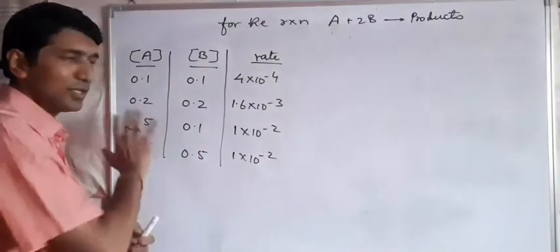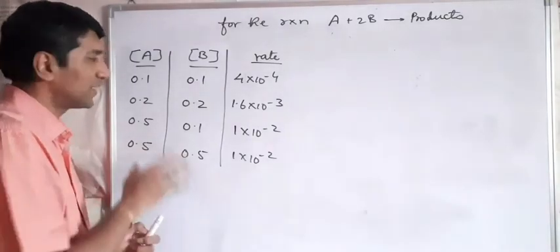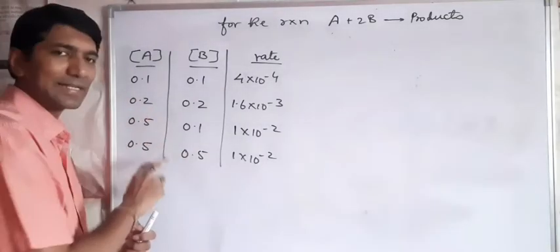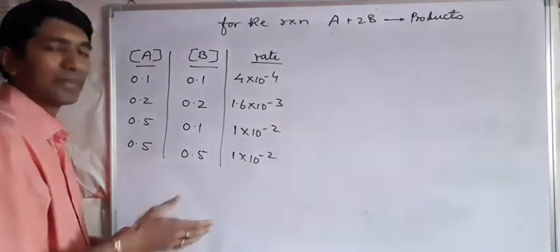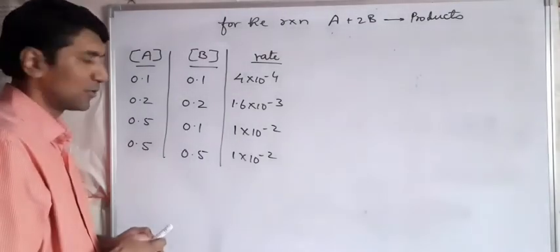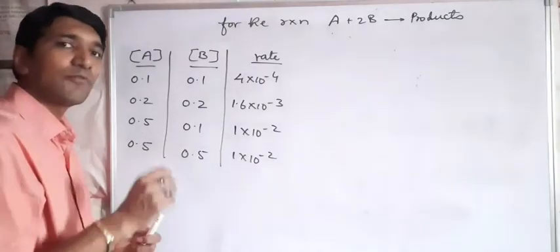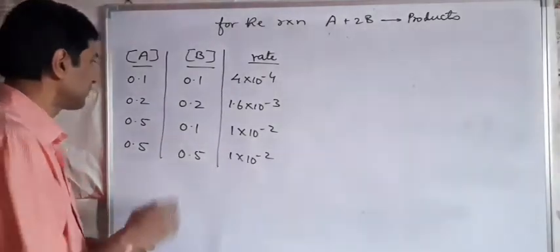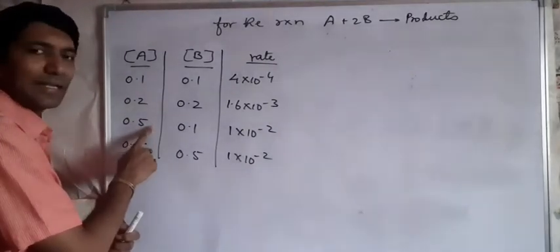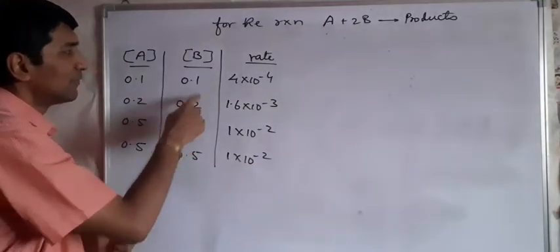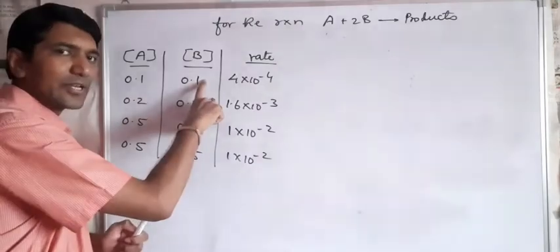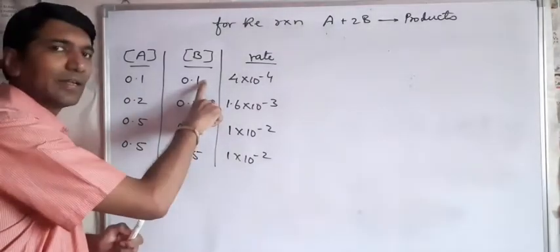So, while you are solving this type of question where you have common values, there is a particular method which you need to follow, and now see how we need to do this. We need to fix one thing. Suppose we are taking the second column; in the second column we will be fixing the concentration of B for two different reactions.